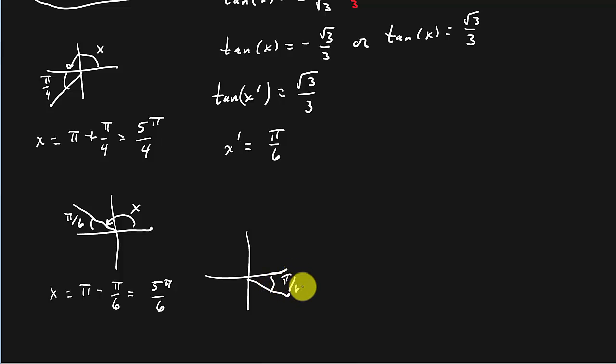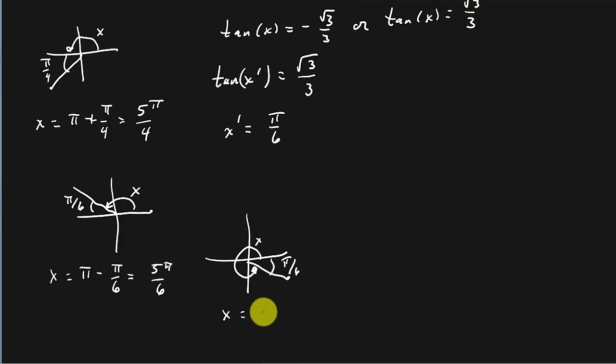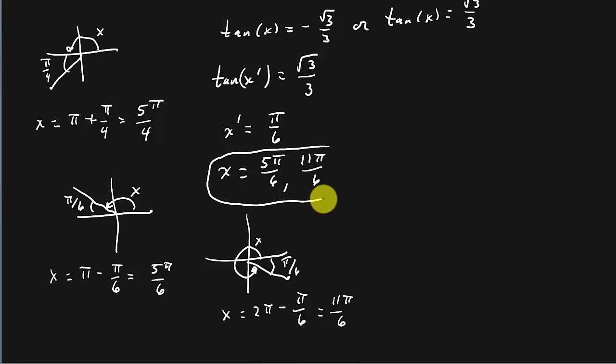There's my reference angle, pi over 6. So I need that angle. And so x is equal to 2 pi minus pi over 6, which is going to be 11 pi over 6. So I get x equals 5 pi over 6 and x equals 11 pi over 6. And there's the solution for that.